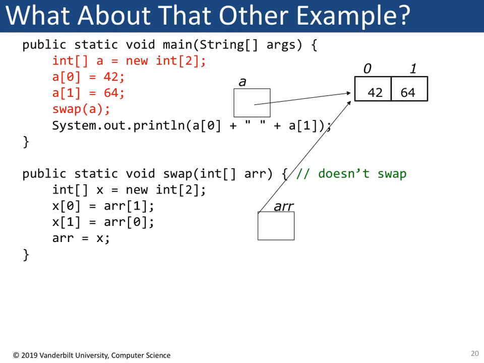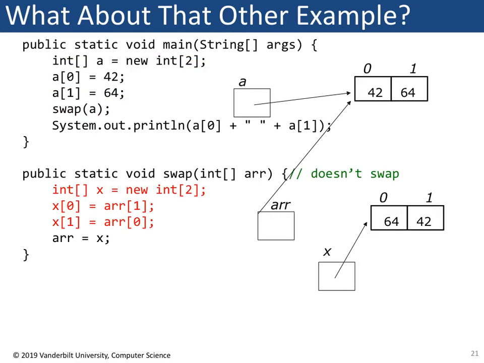So see that we have A pointing at this object in memory, and we have ARR also pointing at this object in memory. Notice there's two separate variables. There's a variable A, which contains the address to this object, and there's the variable ARR, which also contains the address of this object. So we execute a little further.